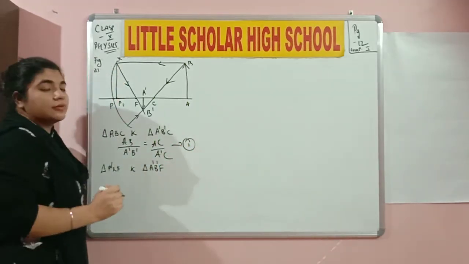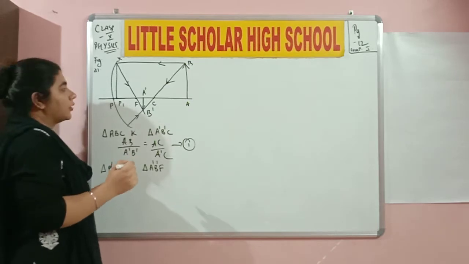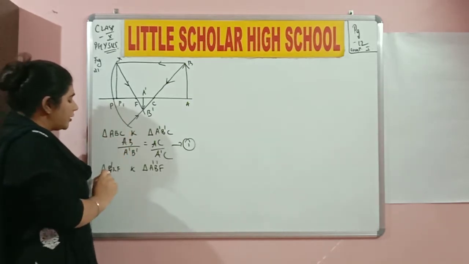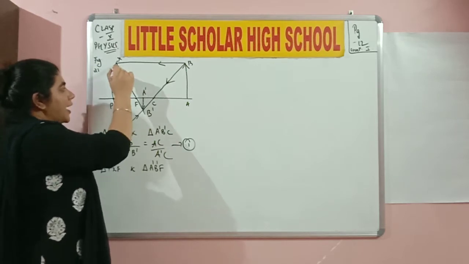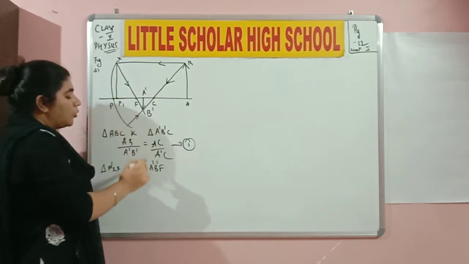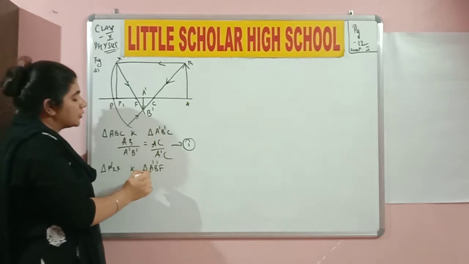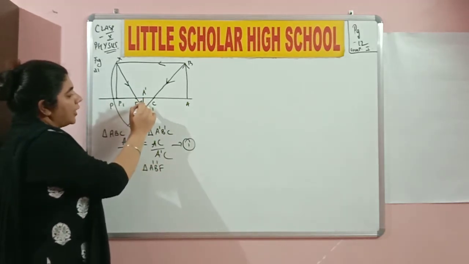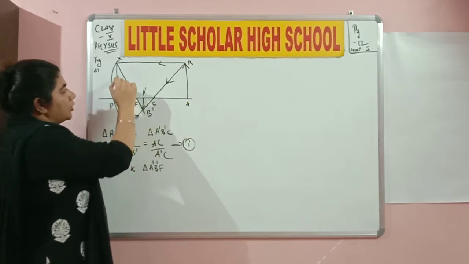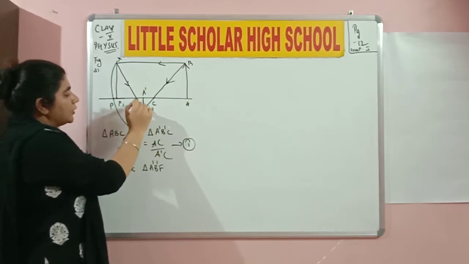Now, look at further 2 triangles over here that we have made. Look at P dash XF. Can you see this triangle over here? P dash XF. What is the other triangle we need to consider? A dash B dash F. The other triangle is A dash B dash F. So we are going to consider this triangle as well as this tiny triangle along with it.